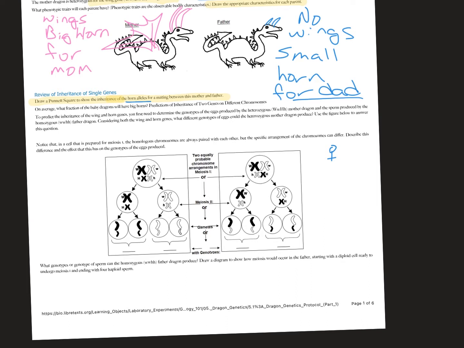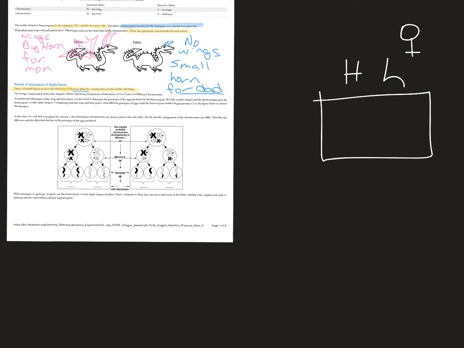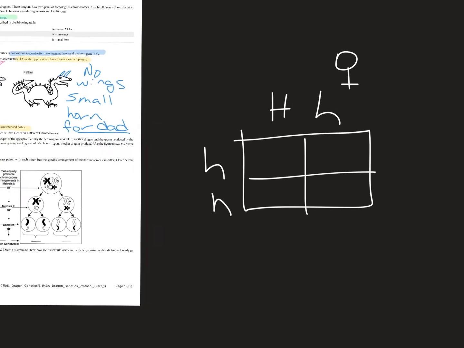So mom is heterozygous for horns, and dad is homozygous recessive for horns. So drawing it out, I would write big H, little h for mom. Again, forgive the messiness. And little h for dad. And what I get is this.